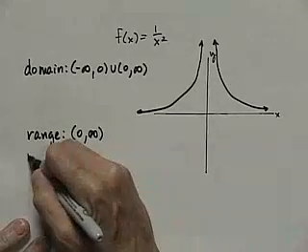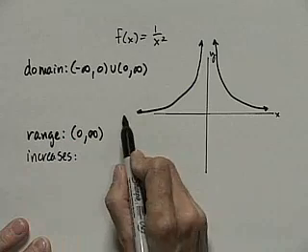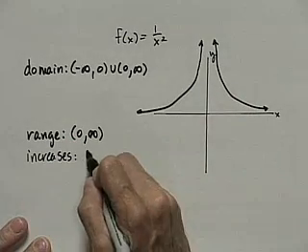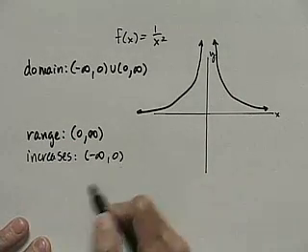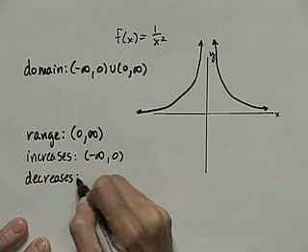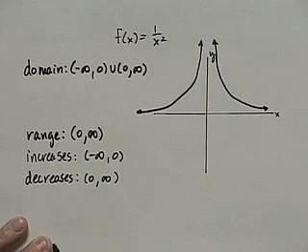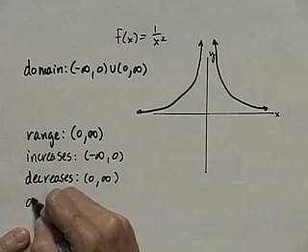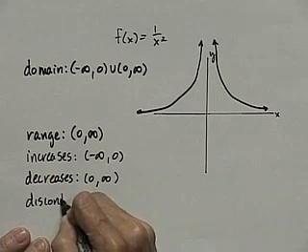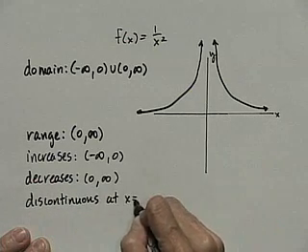We see that the function increases on the interval negative infinity to 0, and that the function decreases on the interval 0 to positive infinity. We see that the function is discontinuous at x equals 0.